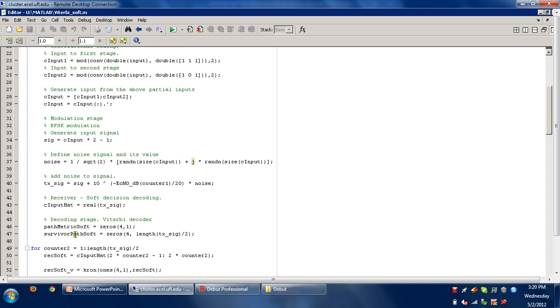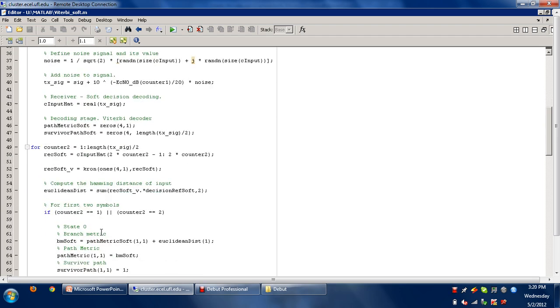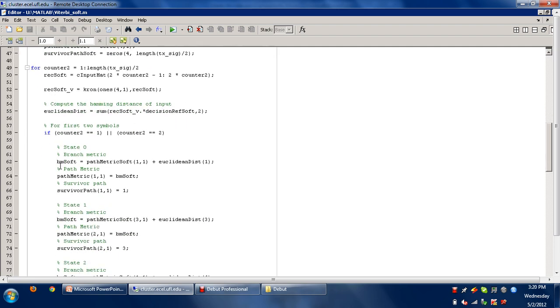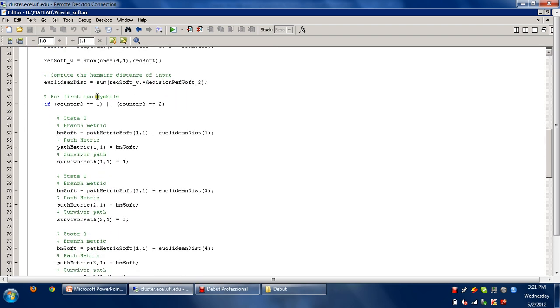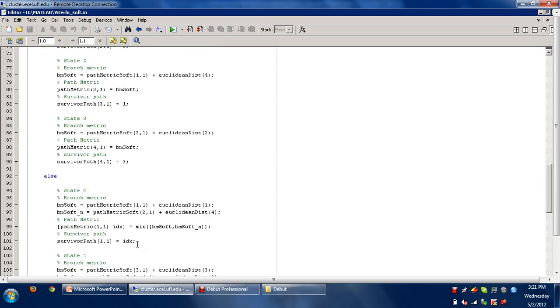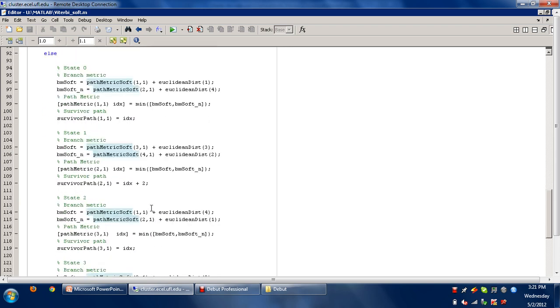Followed by that, we have the path metric and the survivor path, which are used by the soft decoder to calculate the received symbol. Here we are calculating the Euclidean distance based on the path and the survivor path. For the first two symbols, we have these set of rules, and for the remaining symbols, we have these set of rules to calculate the path metric and the survivor path.